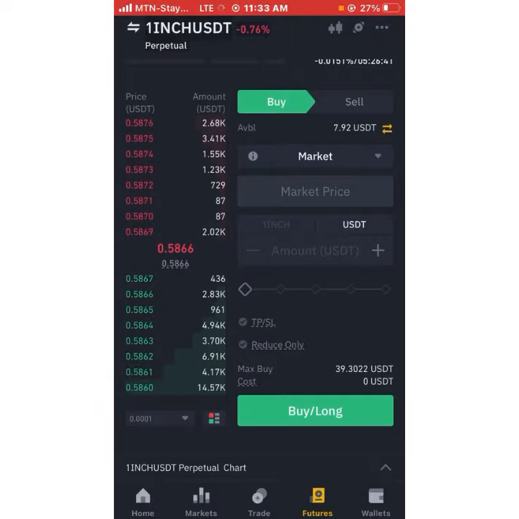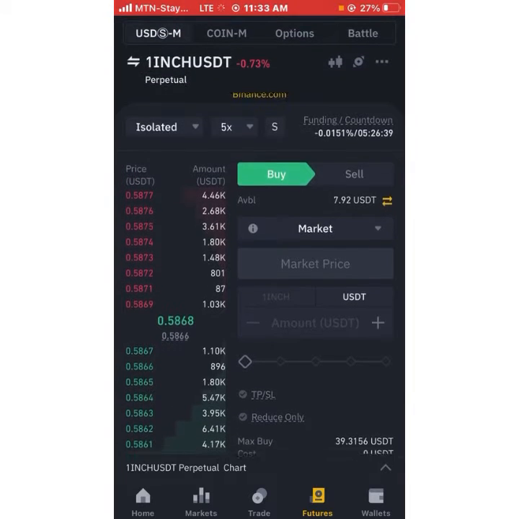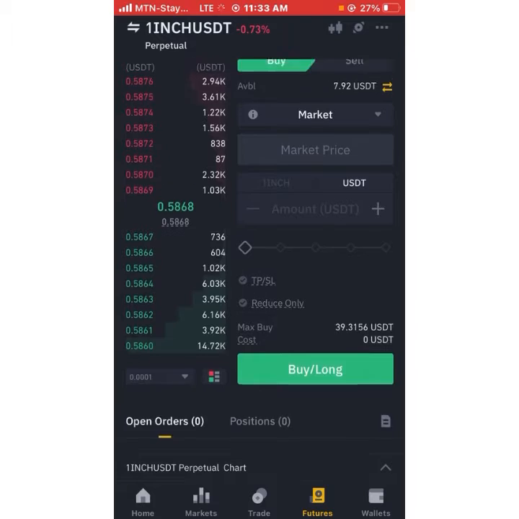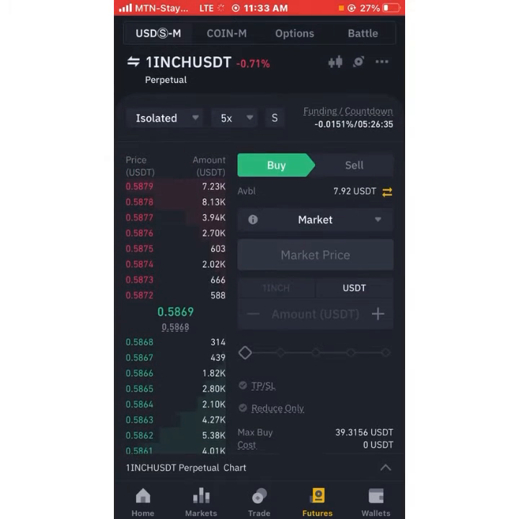Okay, this is how the futures trade looks. Once you go to the futures trade, you look up and you see USD-M, Coin-M, Options. Please leave it at USD-M. It's always advisable, though you can also make use of Coin-M, but I'm going to be leaving it at USD-M.